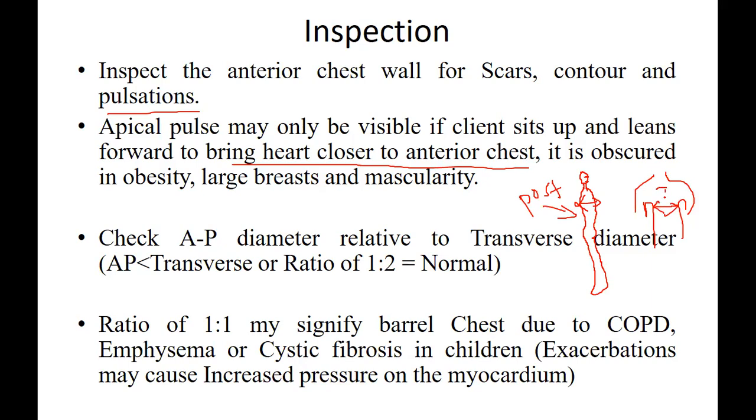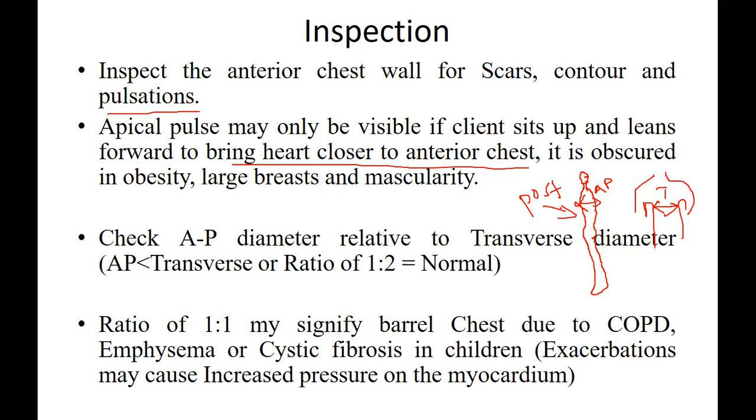So this is the transverse diameter and this is the anterior posterior diameter here. Normally the transverse diameter should be at least twice the anterior posterior diameter. That is the normal.